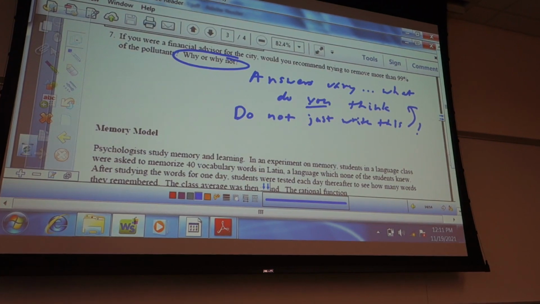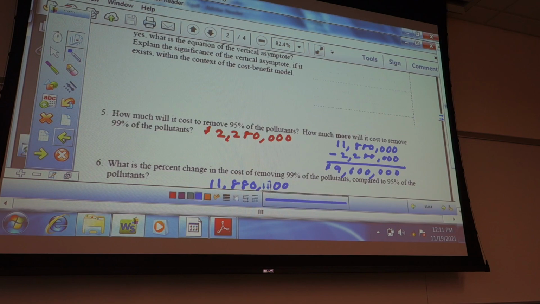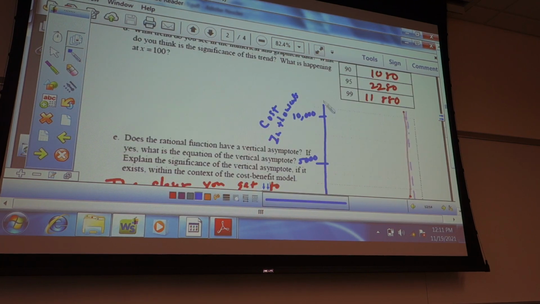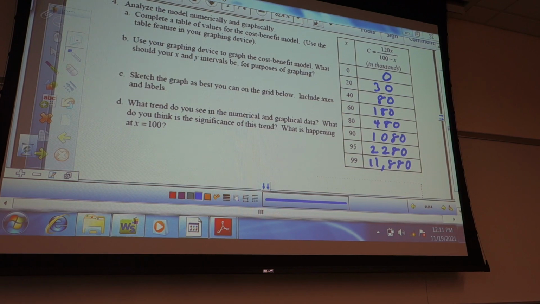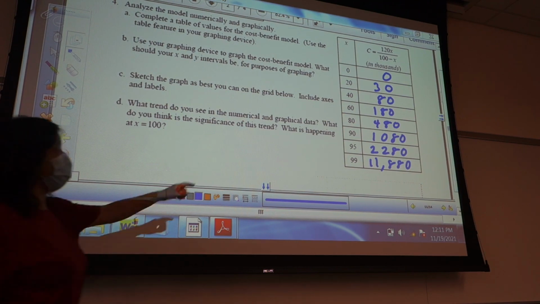Ryan, what'd you say? I said no, it's too expensive for little gain. Right. Personally, I would even drop down lower. I'd be like, 90% is probably fine. Think of everything you can do with the money.